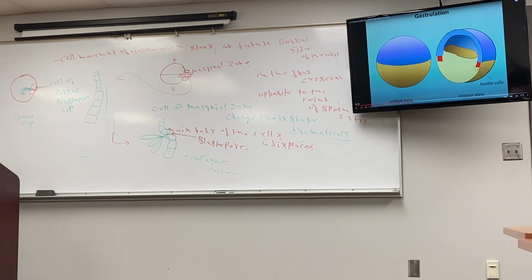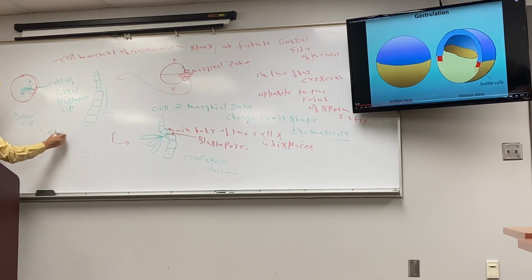Okay. So once these cells connect with each other, the vegetal cell connects with the cell of the animal hemisphere, and these cells start moving in. The cells from here start moving in. The involution starts.